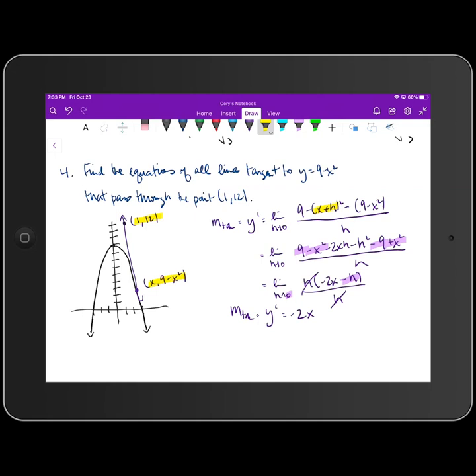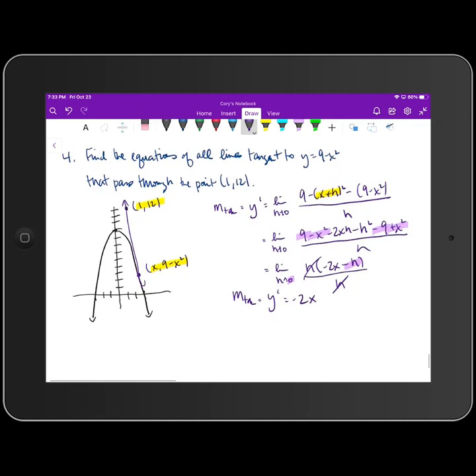So the slope of the line that passes through those 2 points is going to be my y sub 2, which is 9 minus x squared, minus my y sub 1, which is 12, divided by the run, which is x sub 2, which is x, minus x sub 1, which is 1. So what we have here is just the slope of the line passing through those 2 highlighted points.